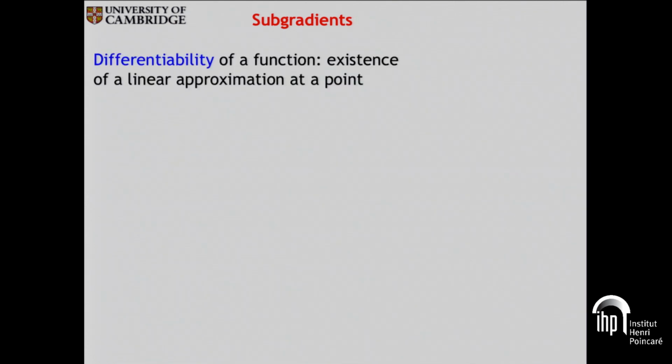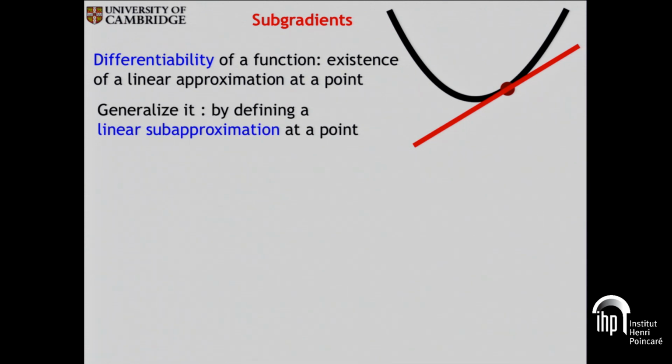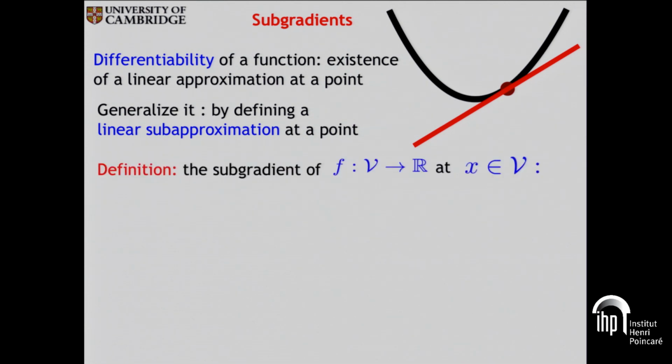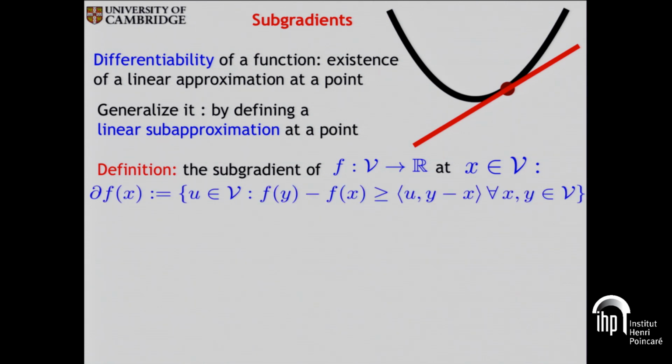But let's move on to the next thing that we need, which is subgradients. Now, if you look at differentiability of a function as the existence of a linear approximation at a point, and generalize it by defining a linear sub-approximation at a point, then we arrive at something called the subgradient. So the definition is the subgradient of a function going from this vector space to the reals at the point x is given by this set.